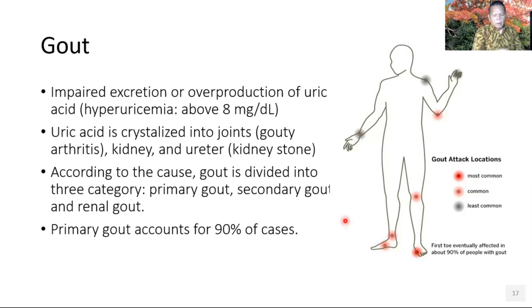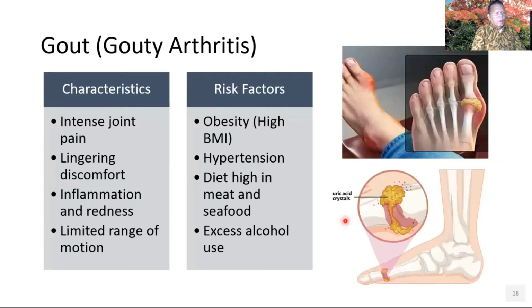Now let's see gout arthritis. We will discuss the characteristics of gout and risk factors. The characteristics of gout are intense joint pain, lingering discomfort, inflammation and redness, and limited range of motion.